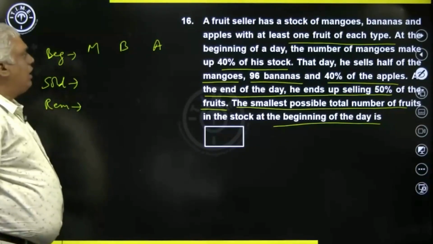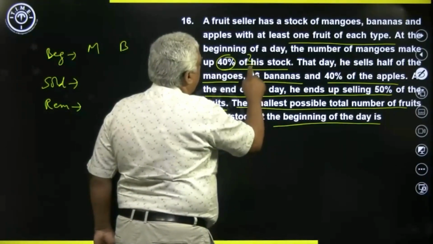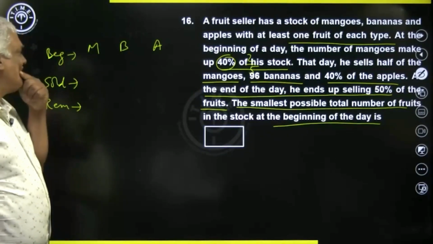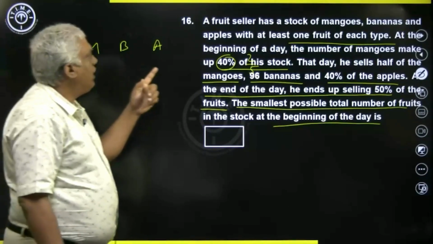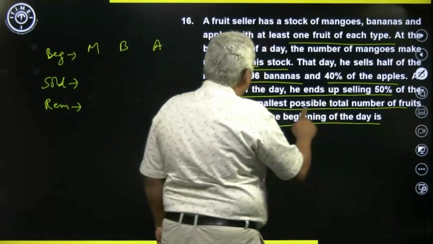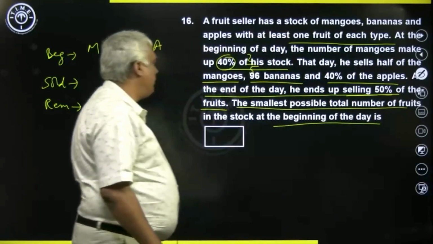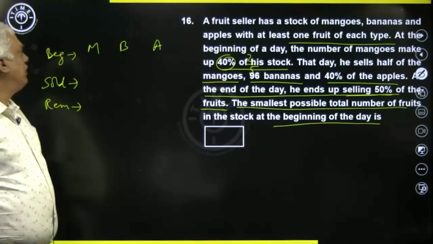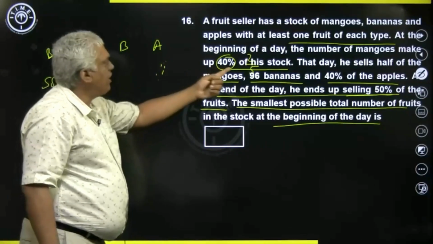Now see, 40% is nothing but 2 by 5; 1 by 5 is 20%, so 40% is 2 by 5. So the number of mangoes he had is 2 by 5, and in the end he ends up selling 50% of the fruits. The total fruits left is 50%, that is half. So let's take the total fruits as 5x, so mango will be 2x.